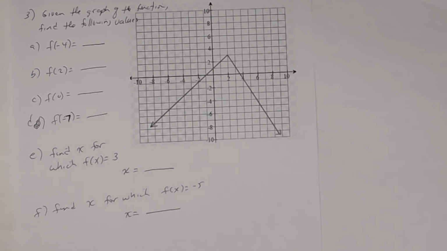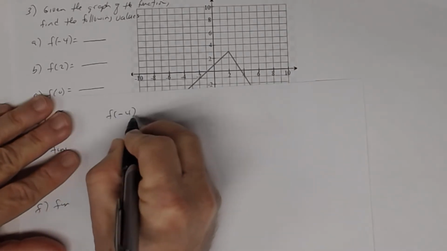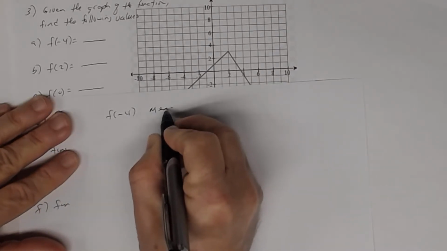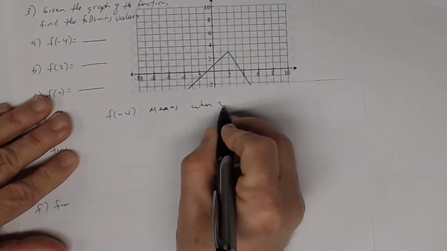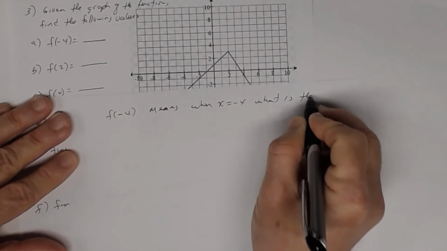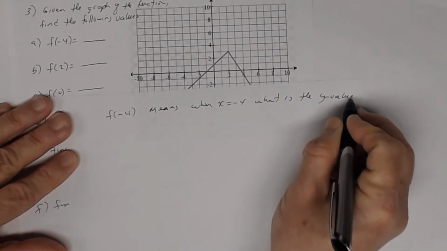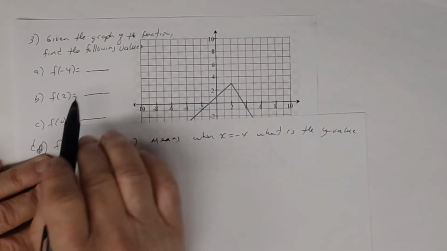It's very important that you understand what f of -4 means. It means when x is -4, what is the y value? That's what we mean. So when x is -4, what is that y value?